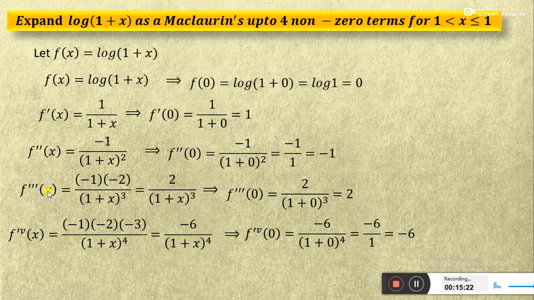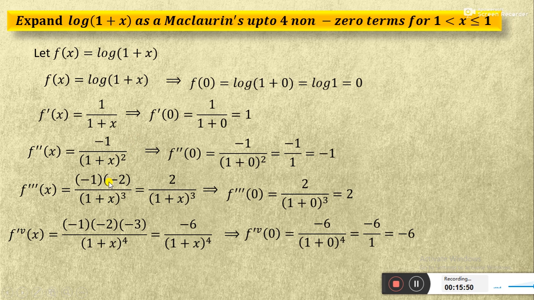Next f triple dash of x. Here I write 1 plus x whole square in the numerator, so 1 plus x whole power minus 2, and I differentiate this. I multiply by the power minus 2 and reduce the power by 1, so 1 plus x whole power minus 3.